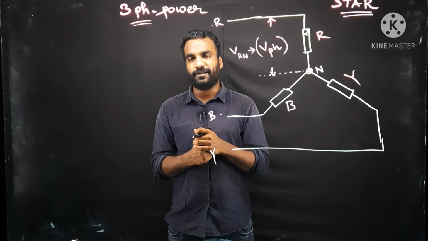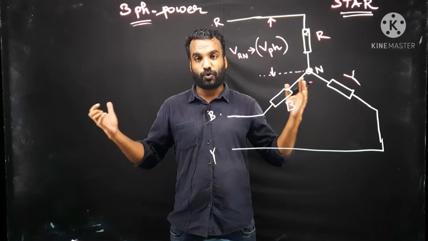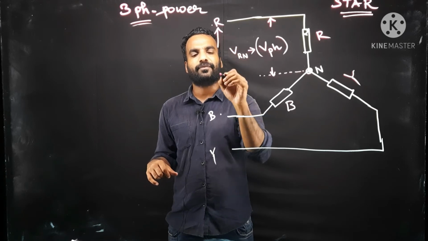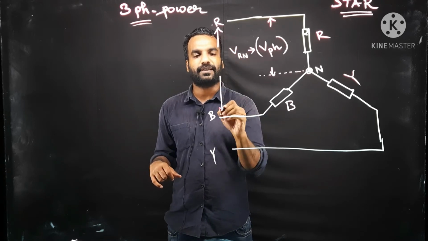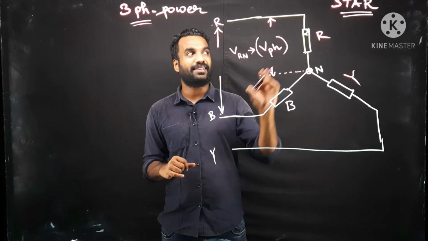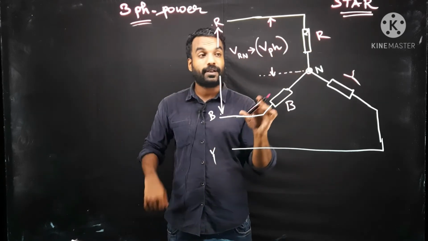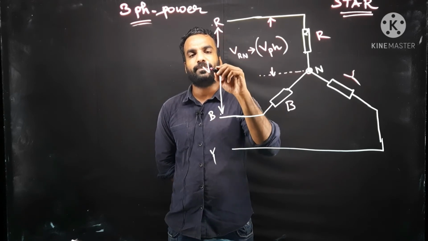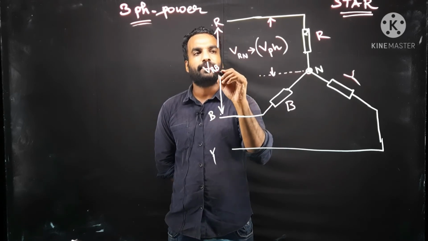There is a flour mill, there is a big mill, motor drive unit is there. So you can connect that in between these R phase and B phase. So there is one more option. If it is a star connection, you can take both phase voltage and line voltage. This is line voltage, V in between R and B.